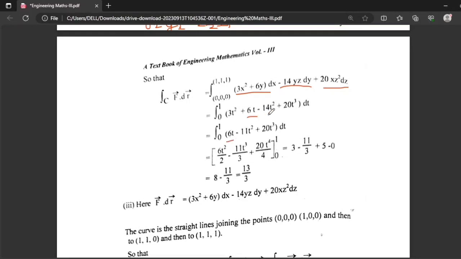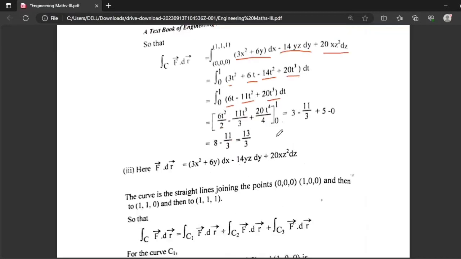So it is 6 and minus 14t square and 20t cube, and integrating we get 6t square by 2, minus 14 as it is. Integration of t square is t cube by 3, and 20 is the constant, and integration of t cube is t to the 4 by 4, and the limit is from 0 to 1. So this is 3, since 6 by 2 is 3, and 20 divided by 4 is 5.